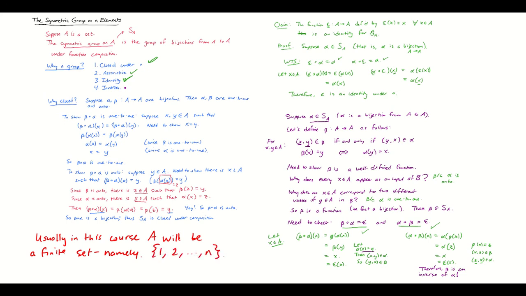So a set of n elements. And when it is, we will just call the set not S sub A, not S sub the set of 1 to n. We'll just call it S sub n. So for example, S sub 5 will be the set of bijections of the set 1, 2, 3, 4, 5 under function composition. And we're going to have a lot of fun talking about how we analyze those groups in the next video. Yay!